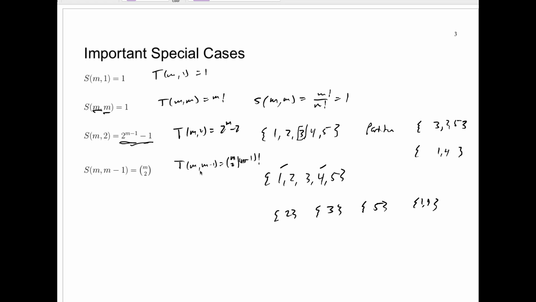We just take this and divide by M minus 1 factorial, and clearly we get M choose 2 for S(M,M-1). So you can just find new combinatorial explanations for these formulas, which you should be very comfortable with. Or, if you know all about the T numbers, you just divide T(M,N) by N factorial, and you get these special cases right away.